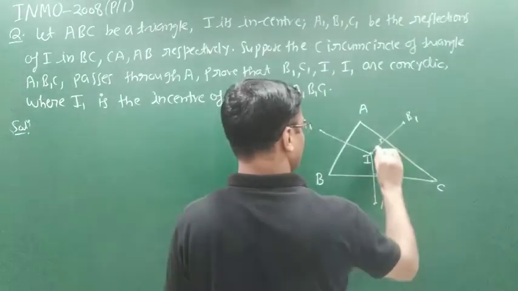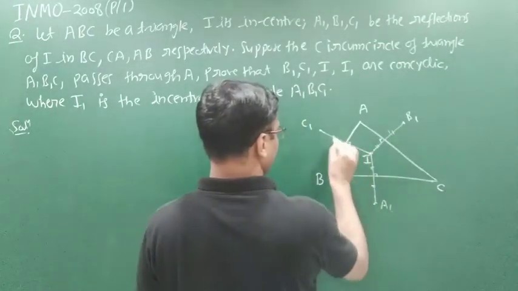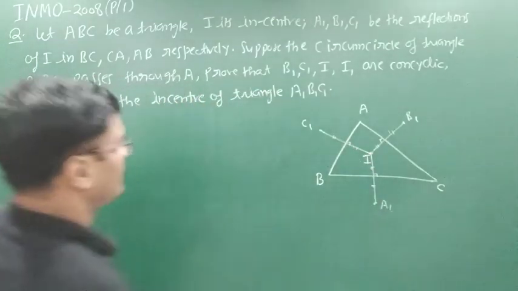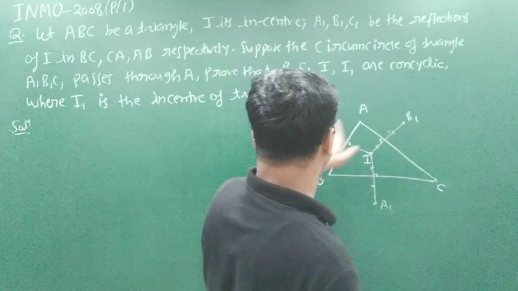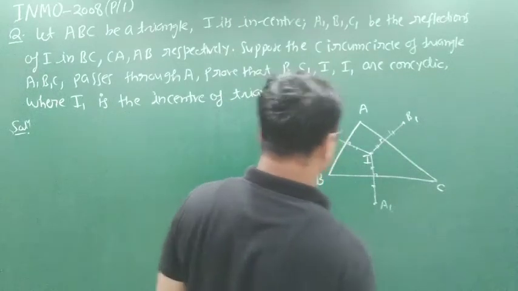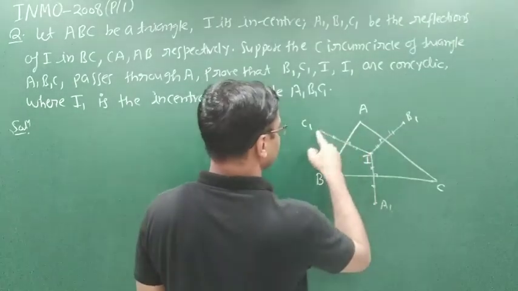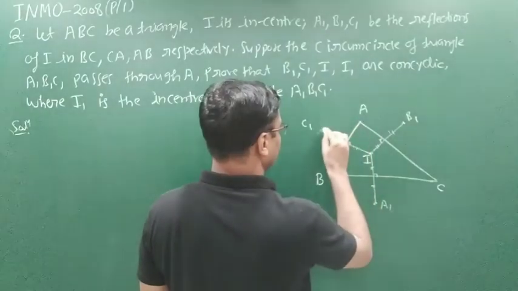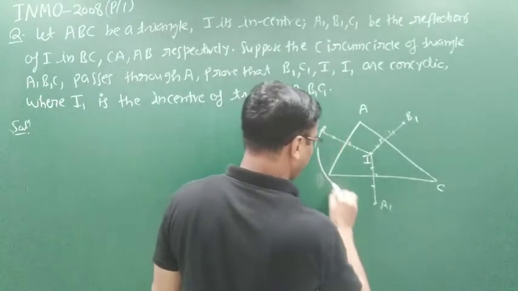This length equals this. Now we are given that these four points A1, B1, A, C1 are concyclic. That is, a circle passes through these four points.